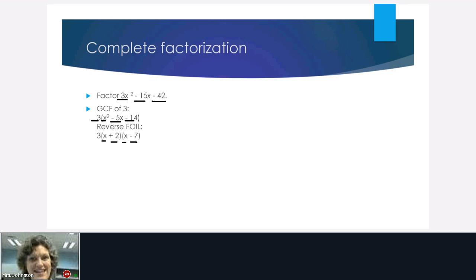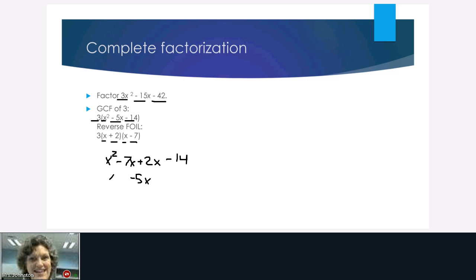And if you needed to check this out, x times x is x squared. The outside terms are negative 7x. The inside terms are 2x. And the last terms are negative 14. I can combine the middle 2 terms to get negative 5x.